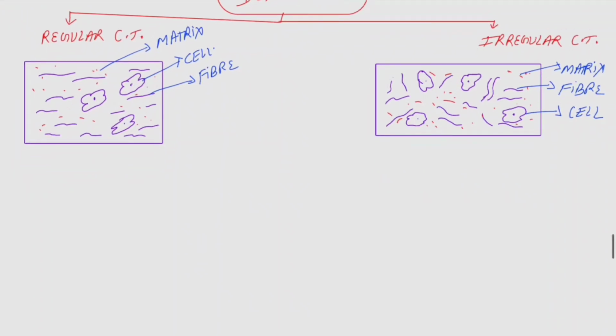Now, regular connective tissue is further divided into two parts. First is dense regular white, and second is dense regular yellow.